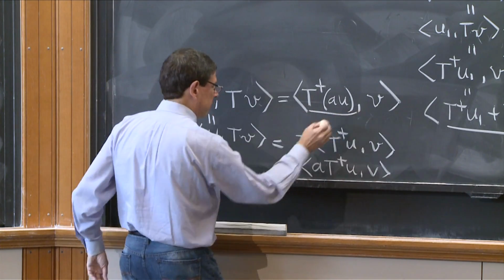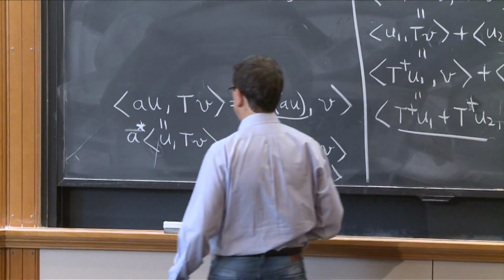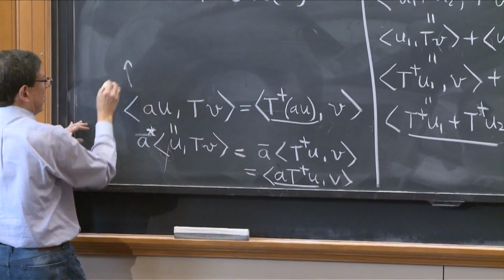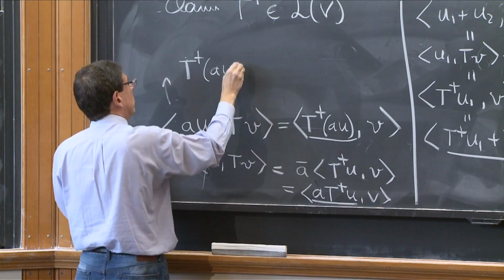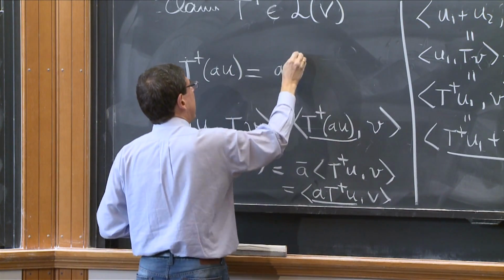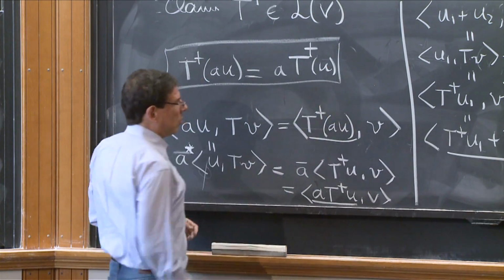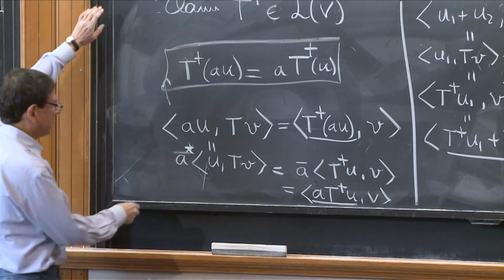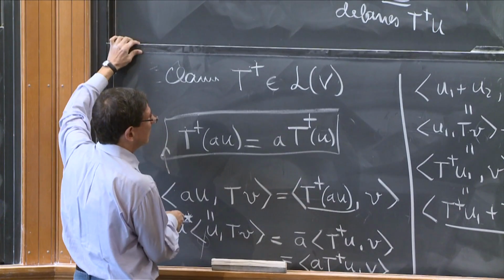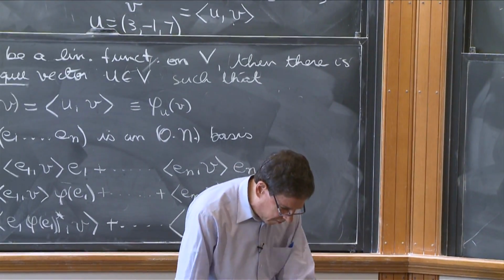So this must be equal to that, and you get what we're claiming here, which is T dagger on AU is equal to A T dagger of U. So the operator is linear. So we've defined something this way, and it's linear, and it's doing all the right things.